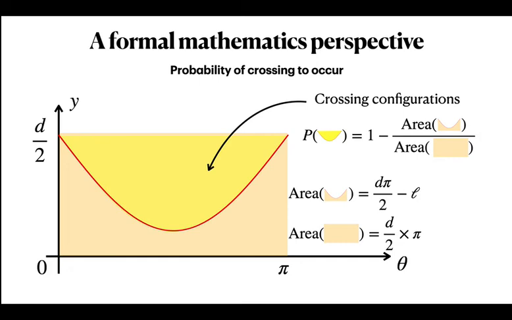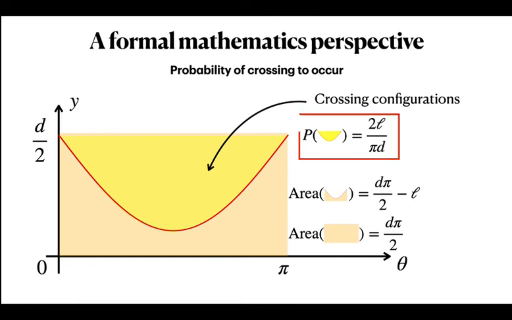Then we can substitute back into the above equation, and we get 1 minus, in parentheses, 1 minus 2L over pi d. Putting all of this back together, the probability for a needle configuration to be in the crossing configuration is therefore 2L over pi d.